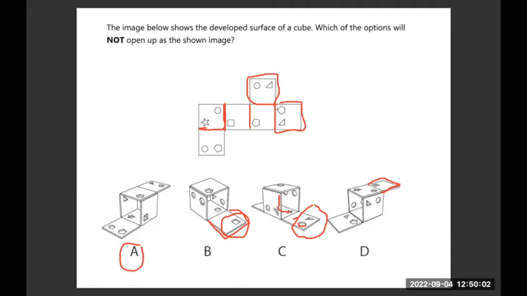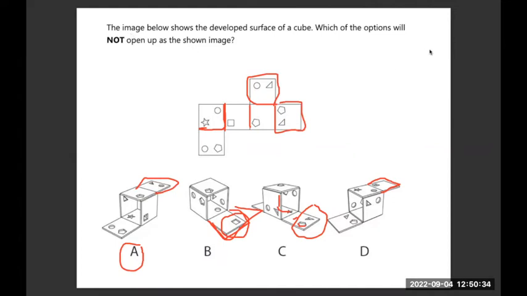So the clue is: if there are any edges shown like that, start from there. Start with the flaps which are coming out of the surfaces and check each flap, whether there can be 2 open surfaces or 3 open surfaces. Start from there and then arrive at the correct one. Easy.